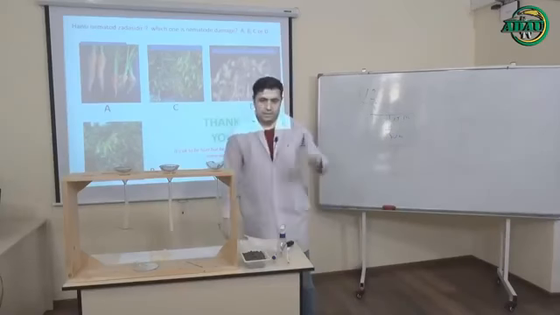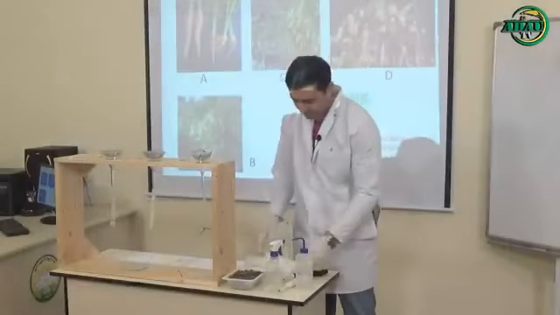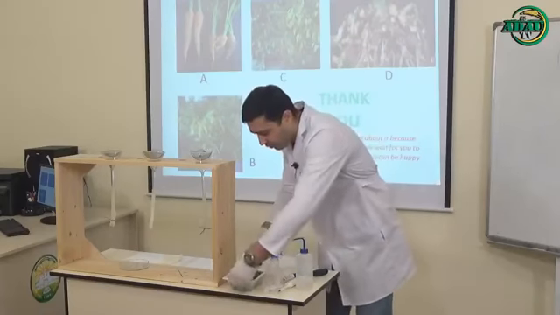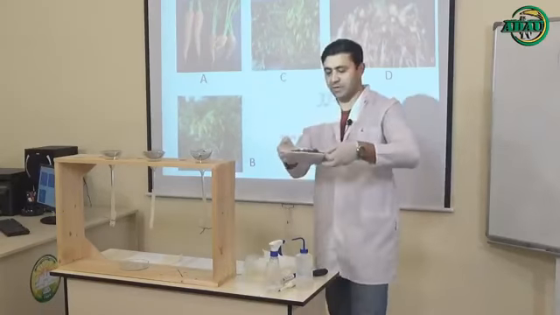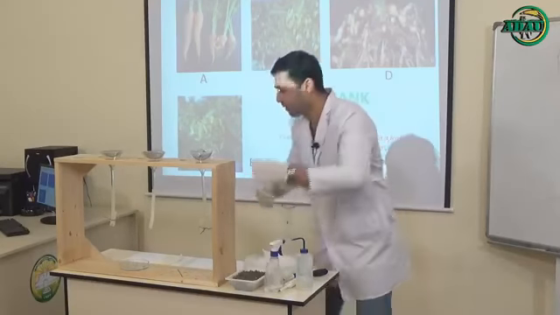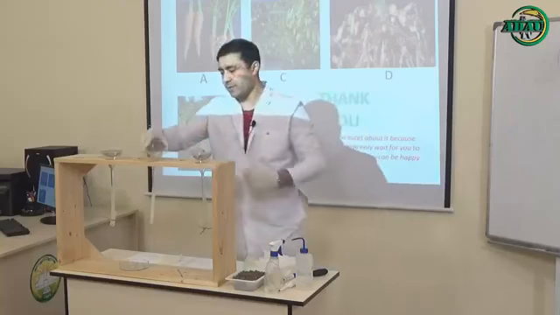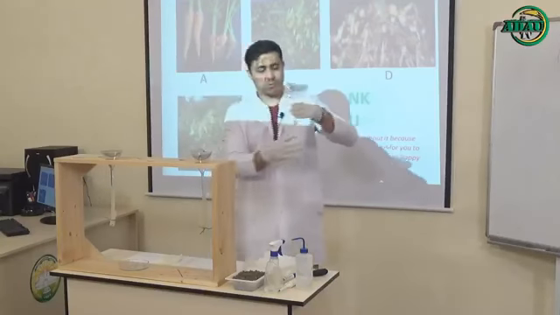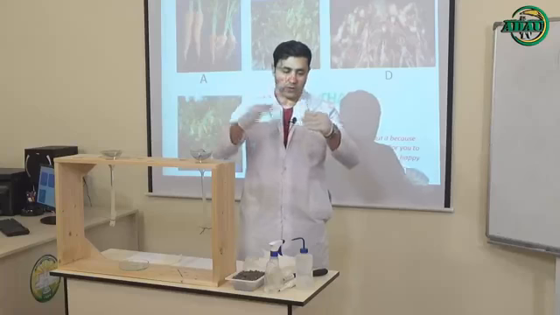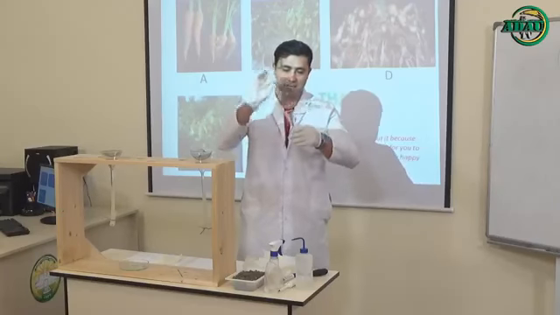And here is water, some napkins. I also brought soil, which I took from our garden. And here is our equipment, as I showed you: rubber, glass, and sieves. Don't forget, rubber, glass, and sieve.